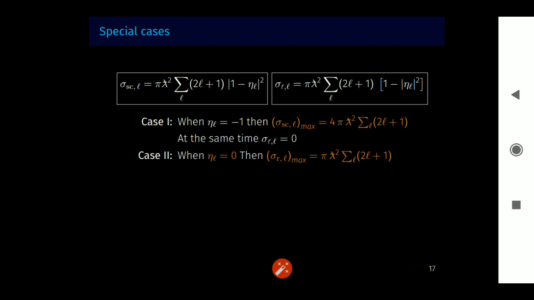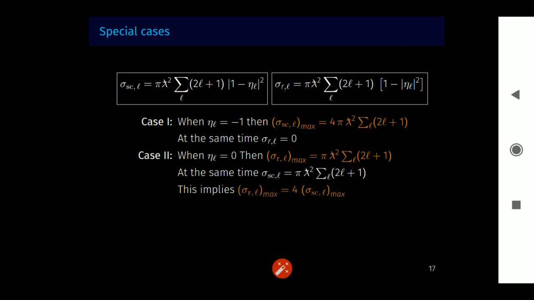At the same time, scattering cross section will have this value, pi lambda bar square times summation of 2L plus 1. If you compare the maximum values of the two, it implies the scattering cross section maximum value will be equal to 4 times the reaction cross section. So that's an important thing one has to understand.